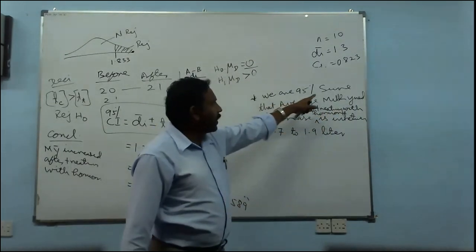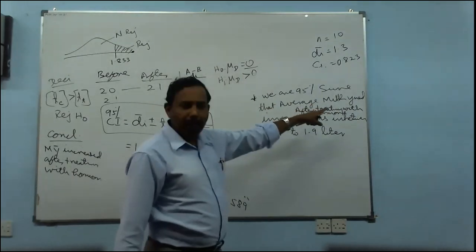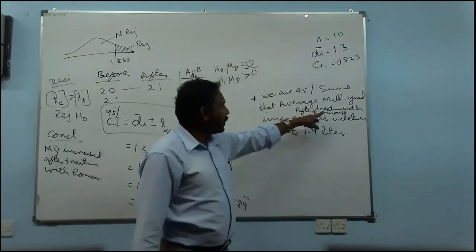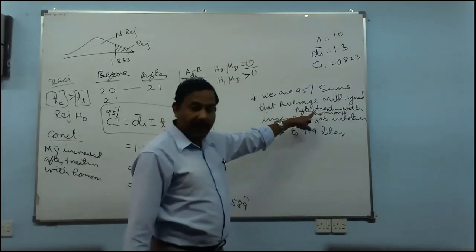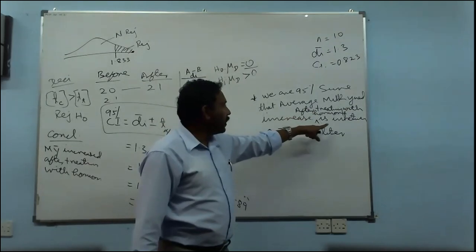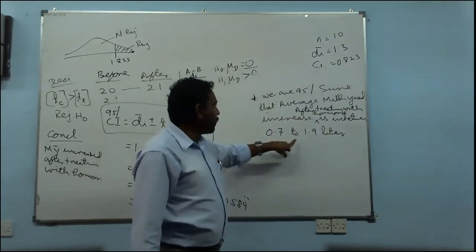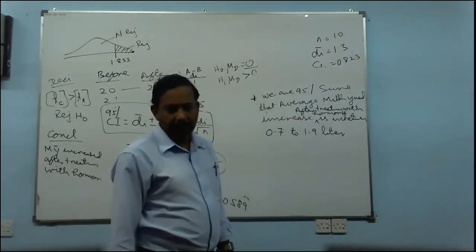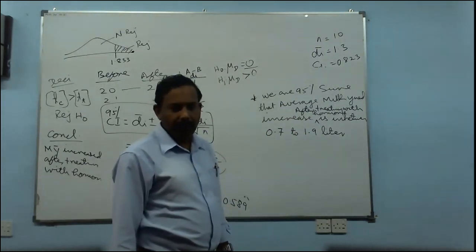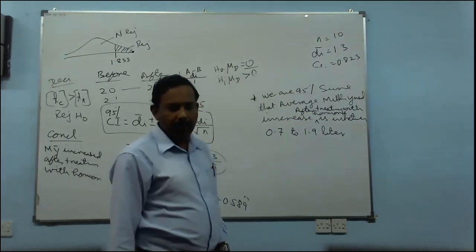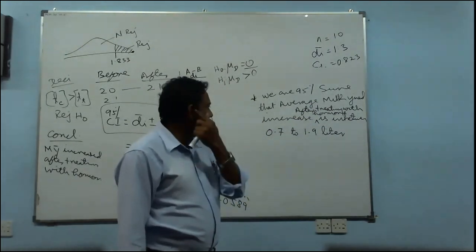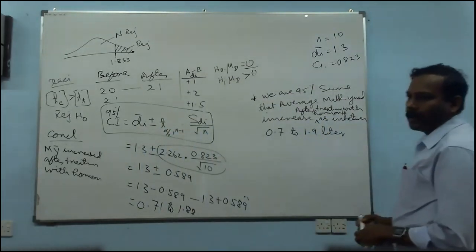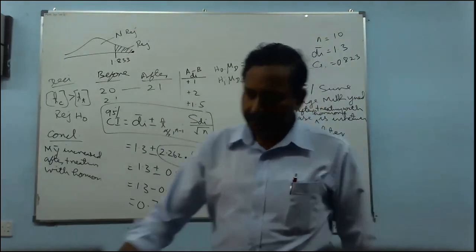We are 95% sure that the average milk yield increase after treatment with hormone is in between 0.7 to 1.9 liters. Right?